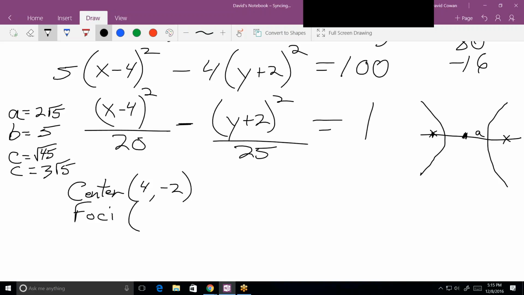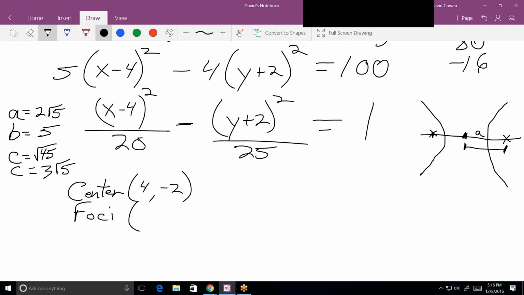The foci. Take the x-coordinate of the center. Do we take the x-coordinate or the y-coordinate? Take the x. In other words, C is the distance from there to there. What's changing is the x-coordinate. The y-coordinate is going to stay the same.